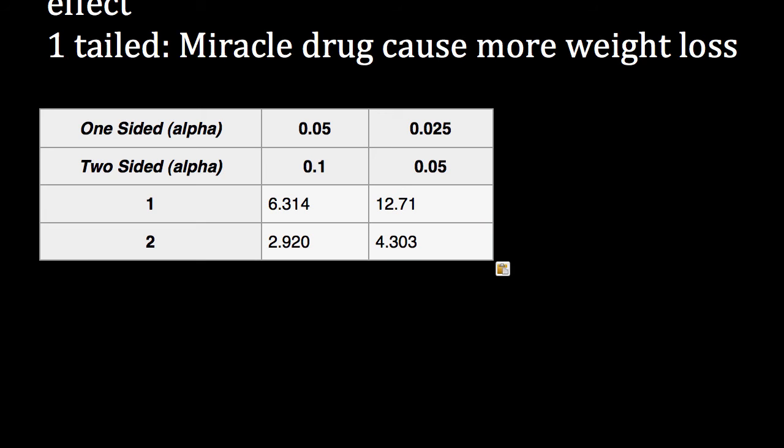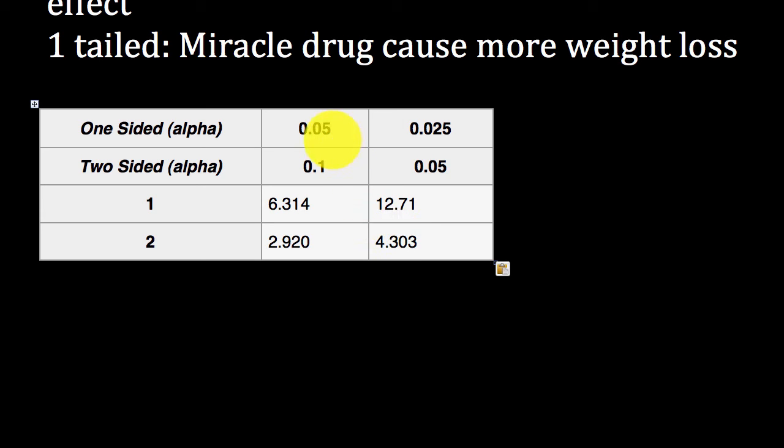So here's just a portion of the t-table, and let's look at the critical t values for 2 degrees of freedom, which is going to be this row. And we'll first start with our two-sided alpha of 0.05. We would need a t statistic greater than 4.3 or less than negative 4.3 to reject the null hypothesis.